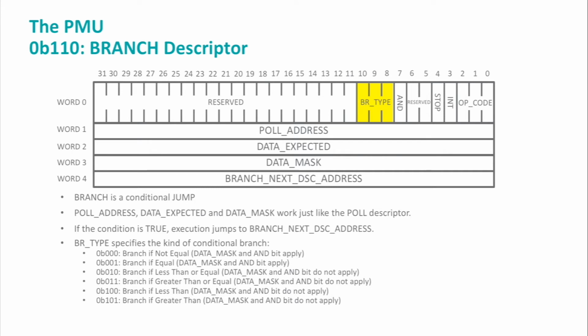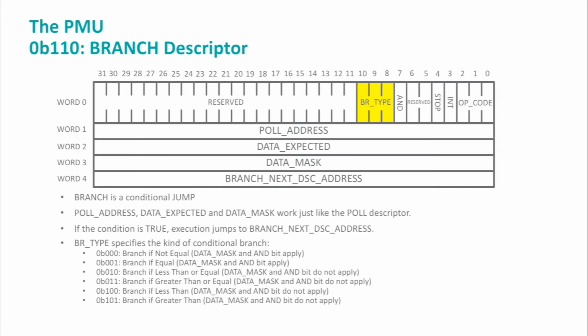If the BR type field contains 0 or 1, the conditions are evaluated just as they are in the poll descriptor. The bits that are set in the data mask field directly identify the bit positions to be compared in the addressed memory location and the data expected field. And the match condition is met contingent on the state of the AND bit.